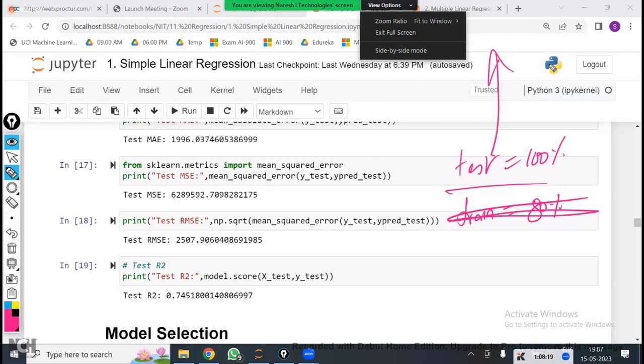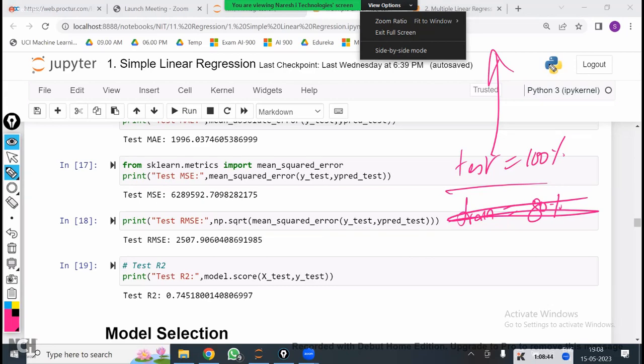In real life, once this particular model is deployed, they'll get more errors. If you give a wrong model, automatically they'll generate more bad answers. So whether it is a good model or a bad model, we have to do cross validation. We have to try for different data.